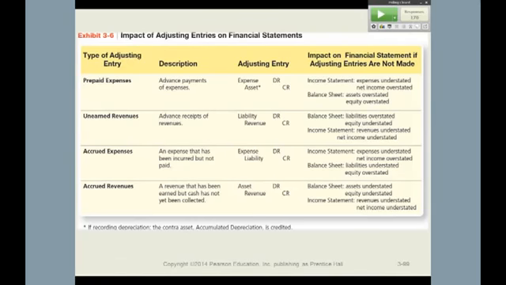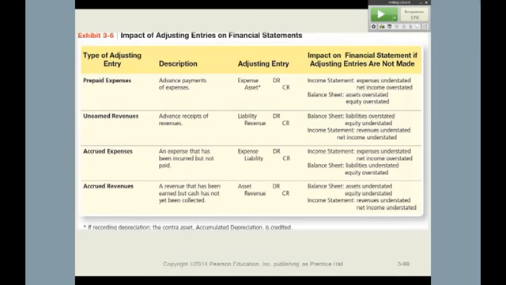The first category, prepaids and unearned, are deferred or deferrals. And the accrued revenues and expenses are accruals. How do prepaids and unearned come about? Advanced cash transactions. When you have a prepaid expense or a deferred expense, you pay cash first. When you have a deferred or an unearned revenue, you receive cash in advance.